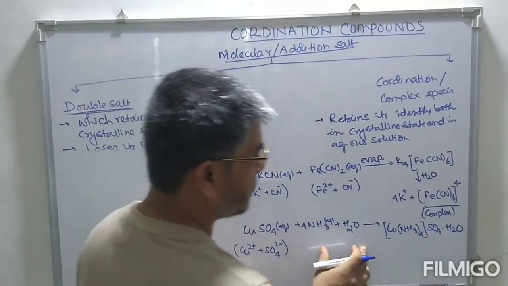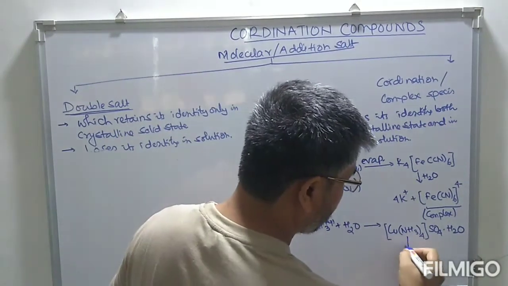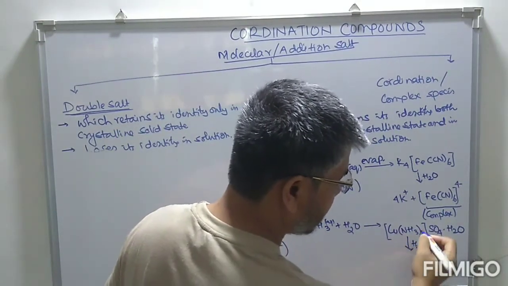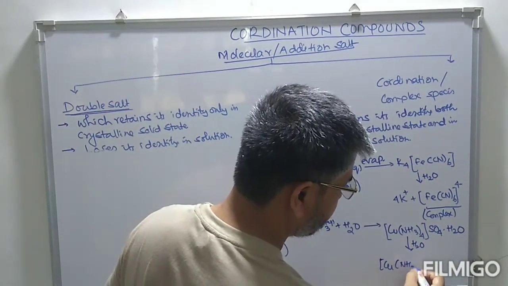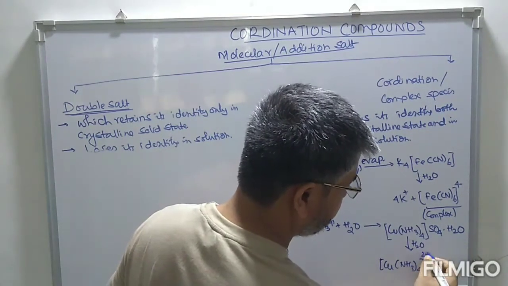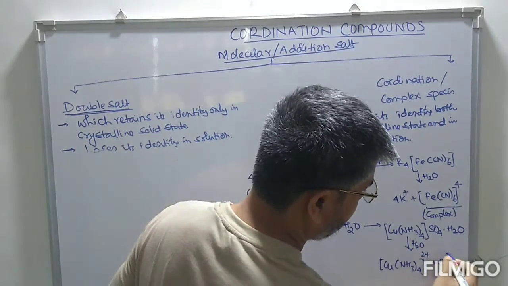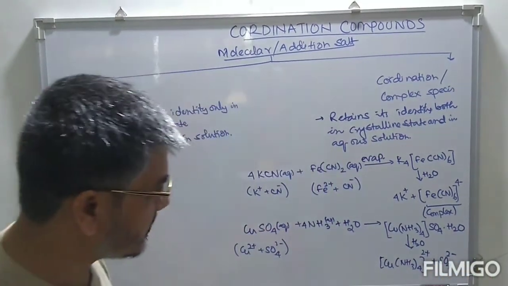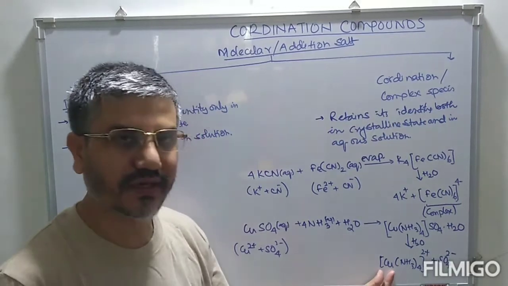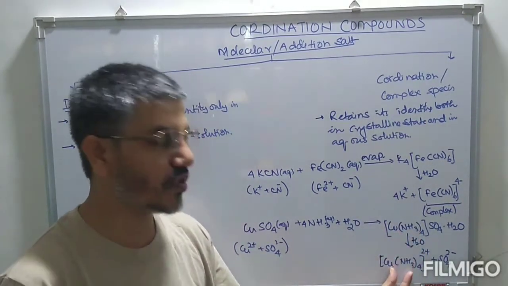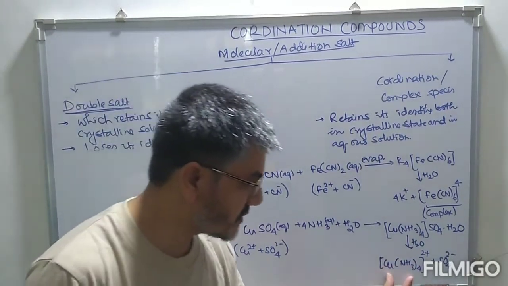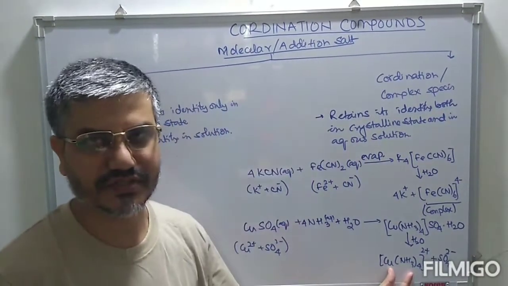Once this is allowed to evaporate, this gives you this species, but this species when dissolved in water gives you this complex species. So this does not give you the test of copper ion because copper ion combines with ammonia to give you a complex species, but this gives the test of the complex species.